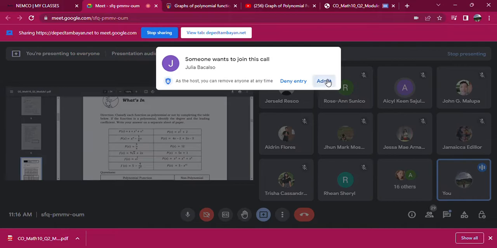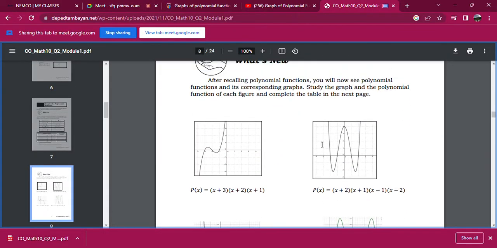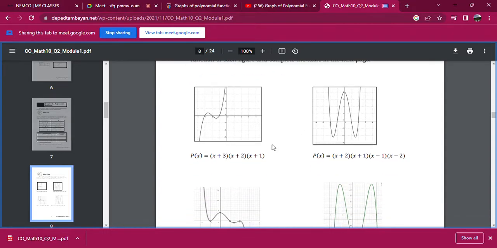Okay, so this time, we'll also move on to the different graphs of a polynomial function because our topic for this morning is really about the graphs of a polynomial function. So I have here an example of the graphs of polynomial functions.